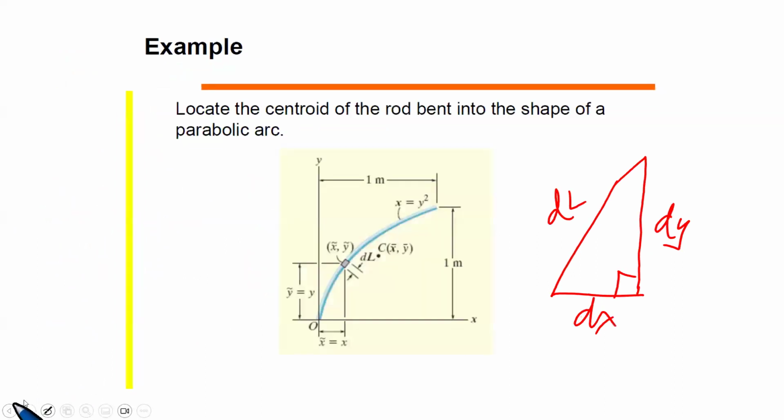It is actually what was given in the question, that y tilde is y and x tilde is x. What is this? Well, the x tilde and y tilde become the positions of arbitrary particles of the structure under consideration. And we are able to see that the y tilde is y and x tilde is x.